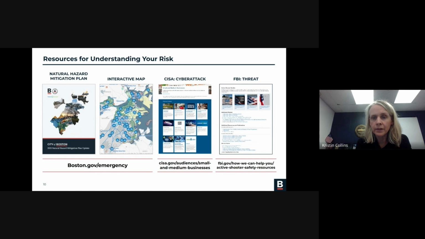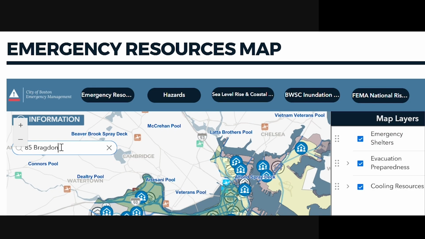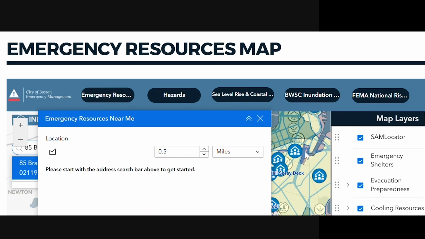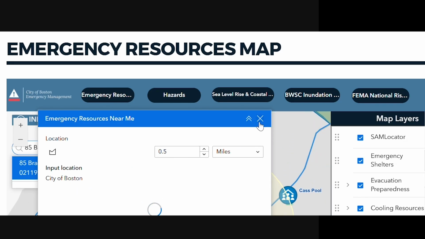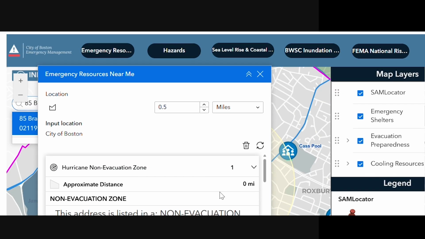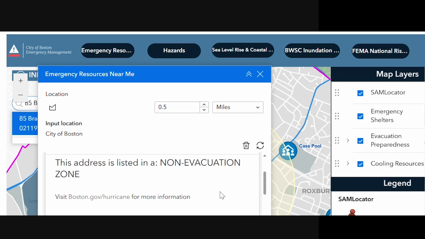We also have an interactive map where you can type in your business's address, see what your exposure is to various hazards, and what resources are available to you to help you navigate emergencies or disruptions.